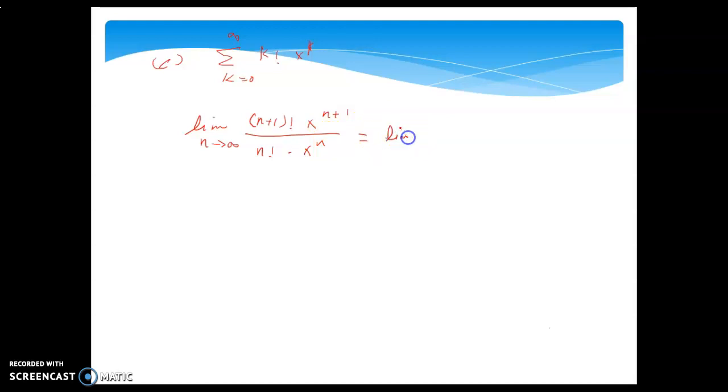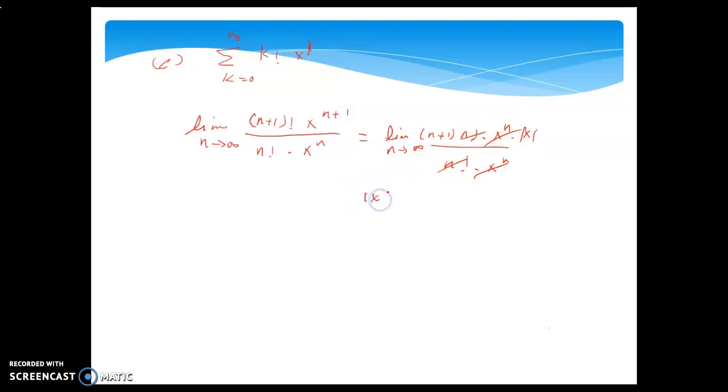That should be equal to the limit as n goes to infinity of n plus 1 times n factorial times x raised to the power of n times x, divided by n factorial times x raised to the power of n. So this cancels out. n factorial cancels out.